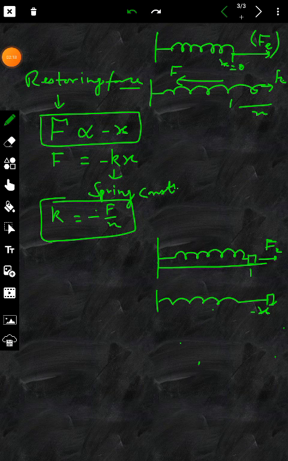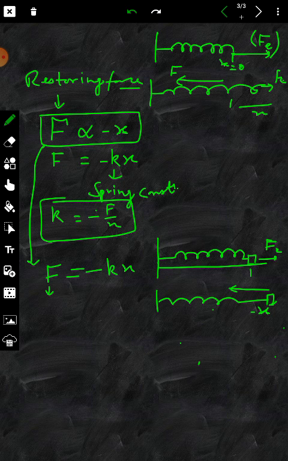Again there will be some restoring force, which will be written according to Hooke's law. This restoring force is given by minus k into x, where k is the spring constant, or force constant, for this spring. With this force, the object comes back to its mean position with some acceleration, of course, due to that force.